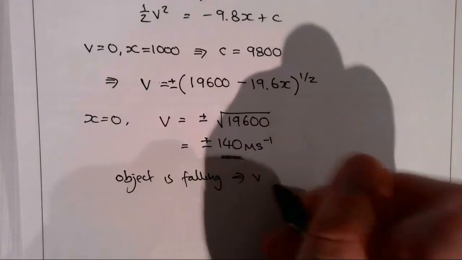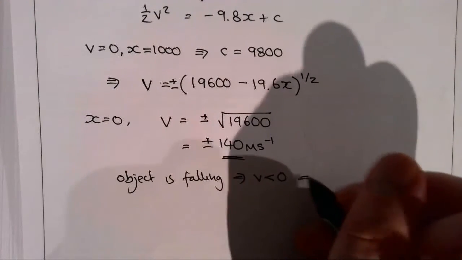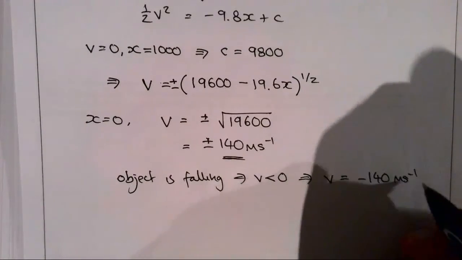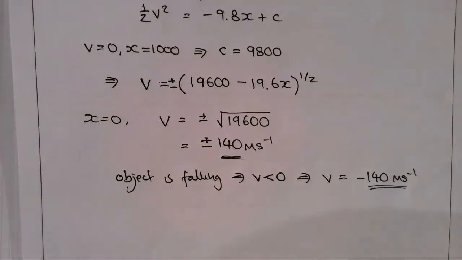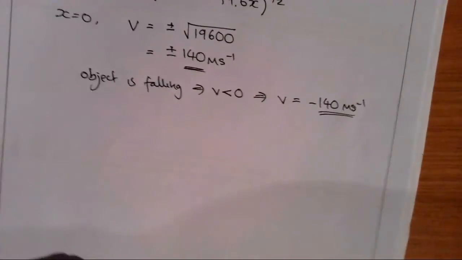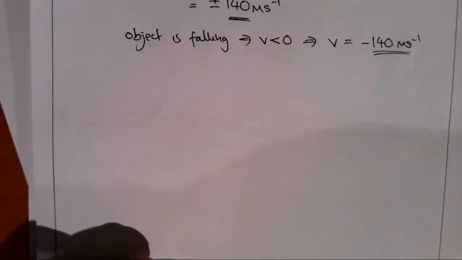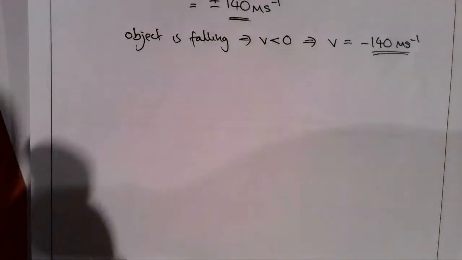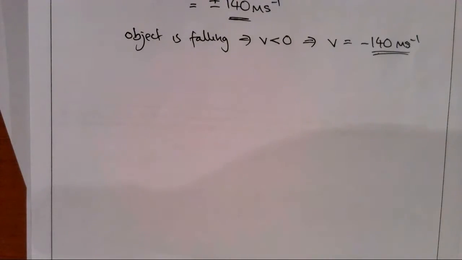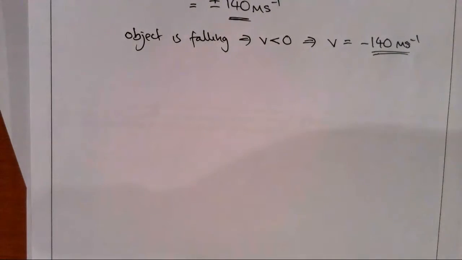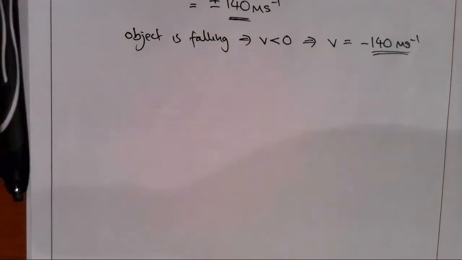And so the velocity is negative, therefore the velocity is minus 140 meters per second. Okay, so bear that in mind. There's no air resistance, it's falling from the helicopter, it just accelerates, and it hits at minus 140 meters per second, so incredibly fast.